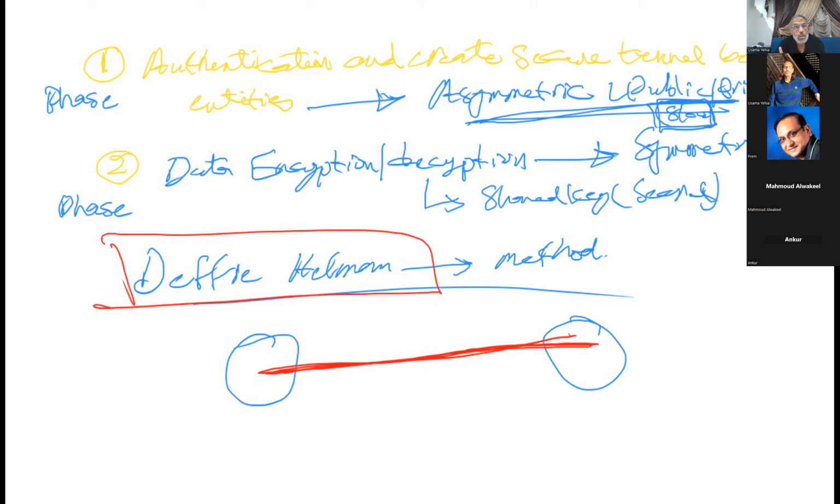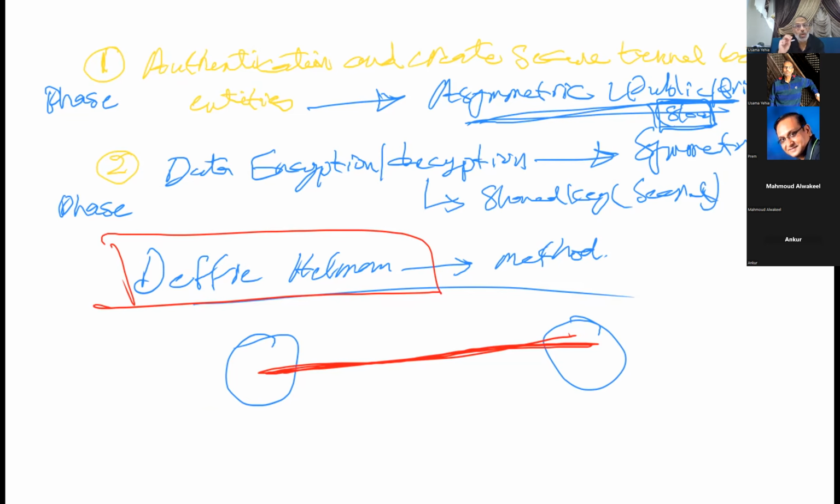Each machine will use a pair of prime numbers, and through some mathematical operations, these prime numbers with the public and private keys will allow them to create the shared key.